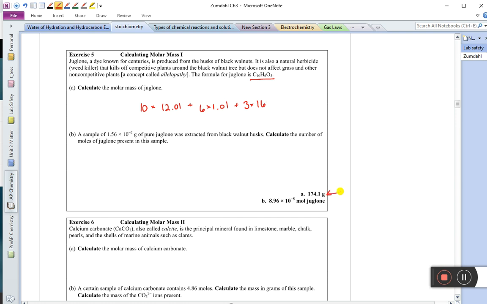And that should get you this. Plug it in your calculator and make sure. Then we can just do dimensional analysis with that. Pretty straightforward. A sample of 1.56 times 10 to the minus 2 grams of juglone was extracted from black walnut husks. Calculate number of moles. We're going to put what we're given, top left.